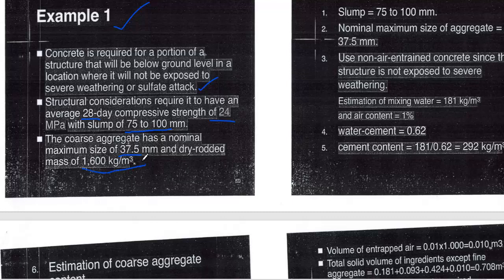Usually this is the amount for 1 cubic meter of the aggregate. So the mass for 1 cubic meter is 1600 kg per cubic meter. Do you understand? This is the 1 cubic meter volume of your coarse aggregate.